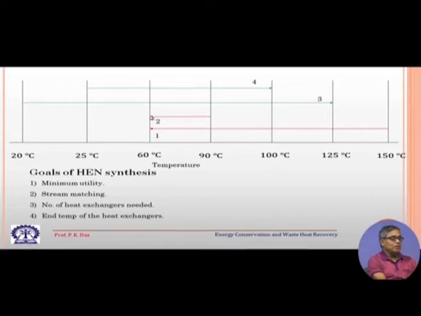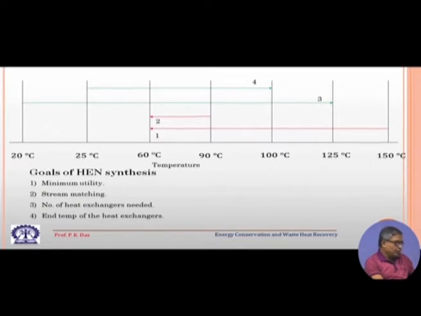This is one of the temperatures specified in the problem. This is a temperature to which a particular hot stream has to be cooled. This is similarly the temperature to which the other hot stream is to be cooled. So, all these temperatures are given in the problem, so these are known and we have to abide by them.